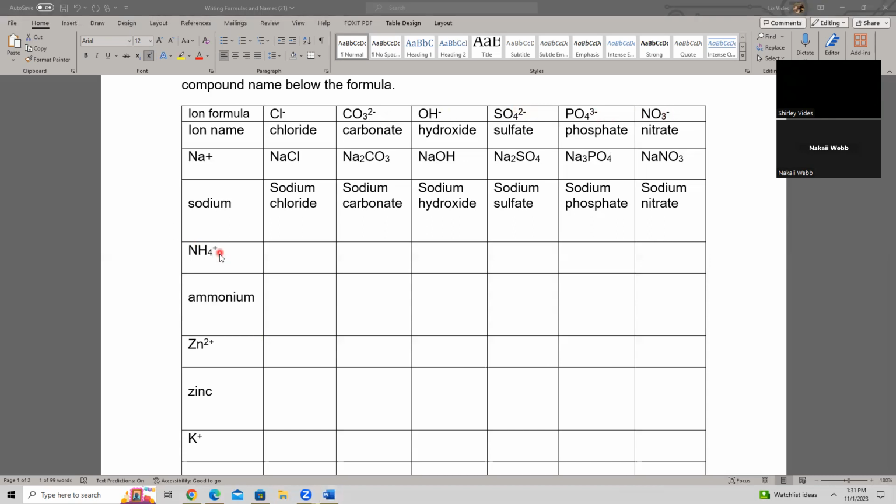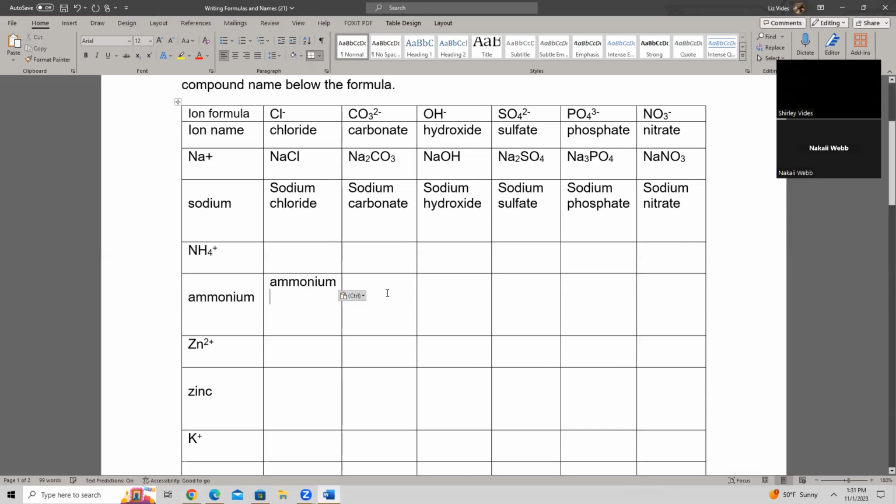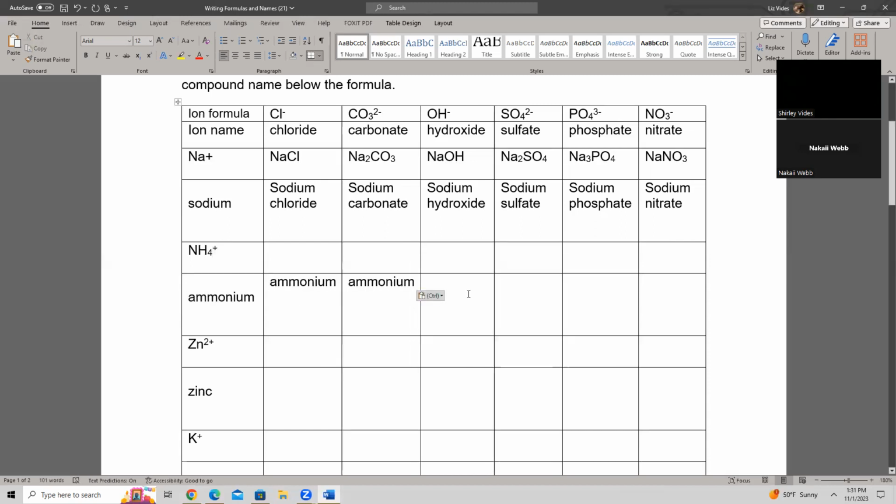But over here, we have ammonium. So the name of this ion is ammonium, which means that every single one of these, its name is going to be ammonium. So we might as well just copy it down, right? And we just know that all of these are ammonium.